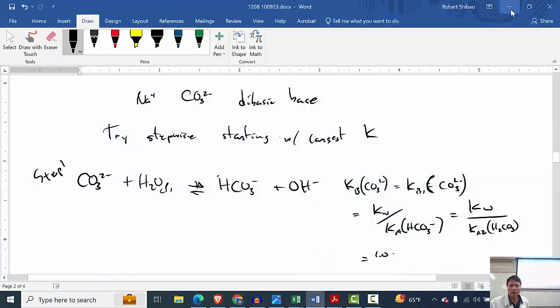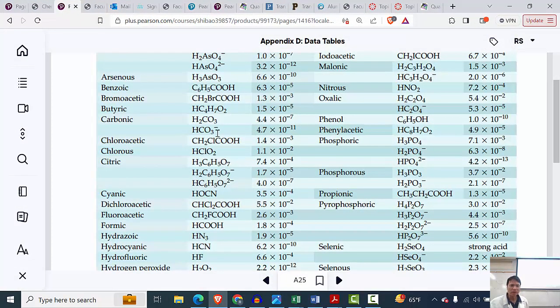And so we'll plug that in here. 1.0 times 10 to the minus 14 is Kw divided by Ka for bicarbonate. Is it Ka1? 4.7 times 10 to the minus 11?